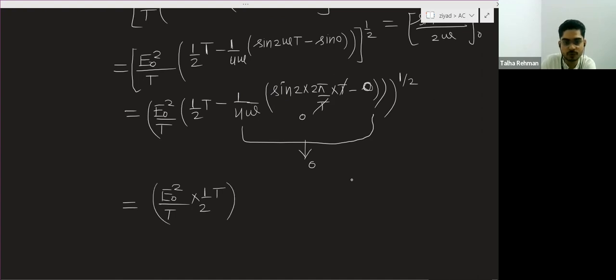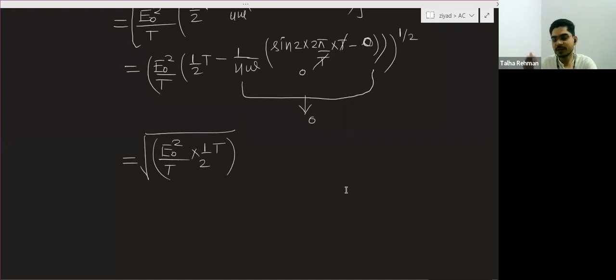and whole power 1 by 2, or you can write this as under root. 1 by 2 power can be written as under root. So this T and T will cancel out, and under root of E naught square will become E naught, and under root of 2 will become root 2. So basically this is your E RMS.